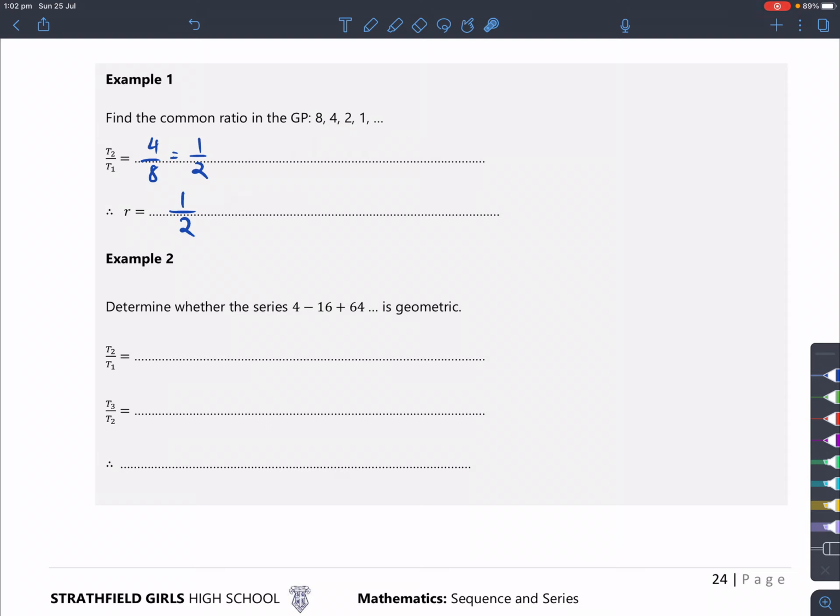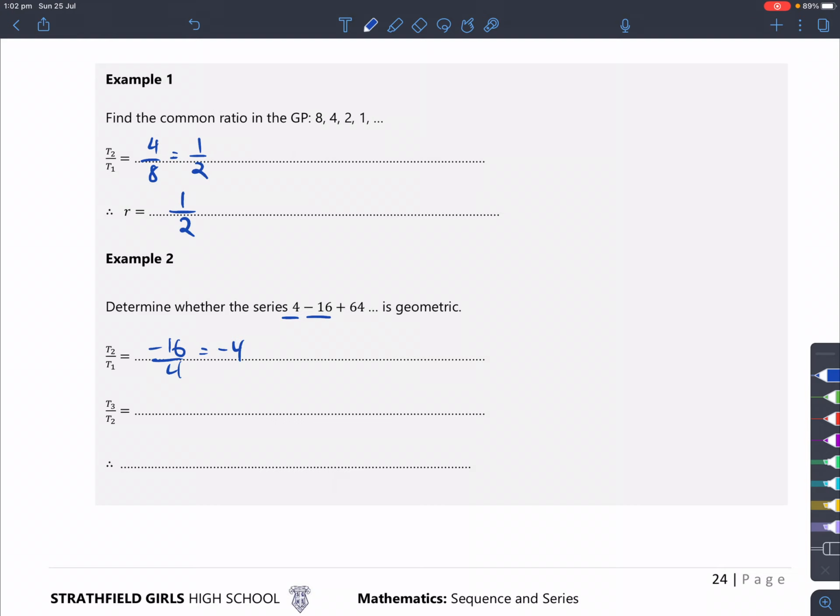So, example 2. Determine whether the series 4, negative 16, plus 64 is geometric. So let's get term 2 divided by term 1. That's simply negative 16 divided by the number 4. That's negative 4.